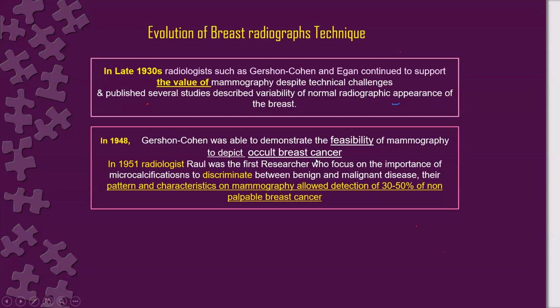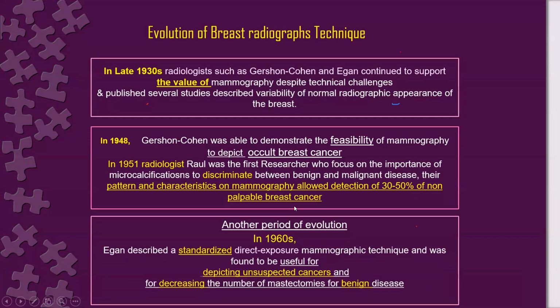And in 1951, the radiologist Leborgne was the first researcher to focus on the importance of microcalcification to discriminate benign from malignant, and their pattern and characteristics on mammography allowed detection of up to 50% of non-palpable breast cancer.